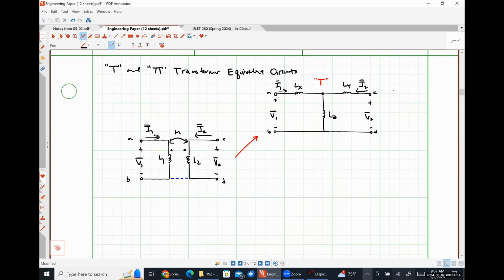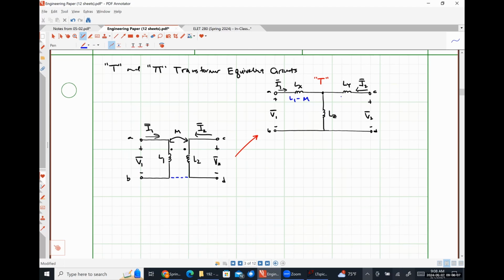So Lx is nothing more than L1 minus M. Ly is L2 minus M, and Lz is just M. So that is our T equivalent circuit and how we get the different parameters of that equivalent circuit.